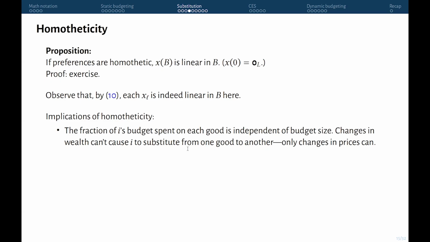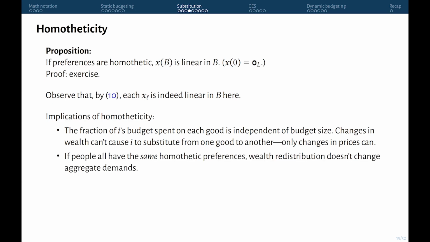We noted this first implication of homotheticity, right? That the fraction of your budget that you spend on each good is going to be independent of the size of your budget. Another implication, though, which is, I think, the main reason why it's such a helpful, but maybe temptingly helpful, simplifying assumption to use in macroeconomic contexts, is that if people all have homothetic preferences and they're all the same, then the distribution of wealth is not going to change aggregate demands, right?